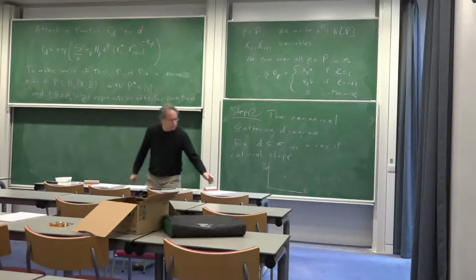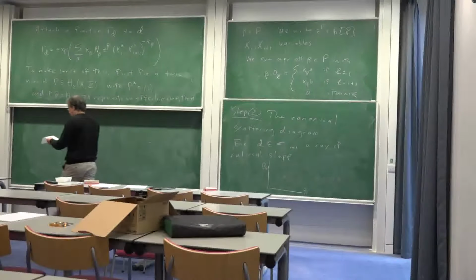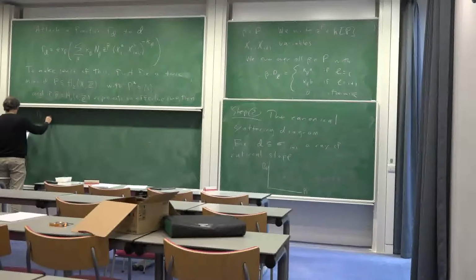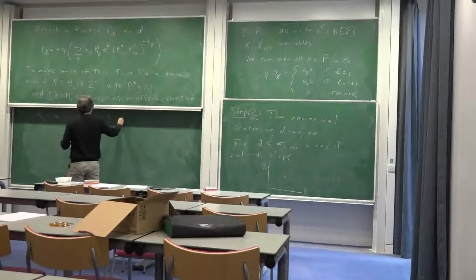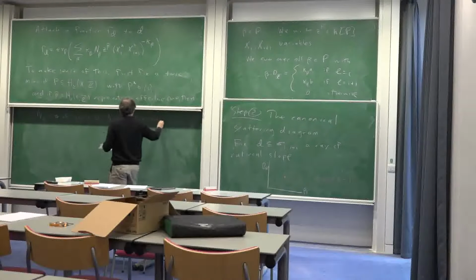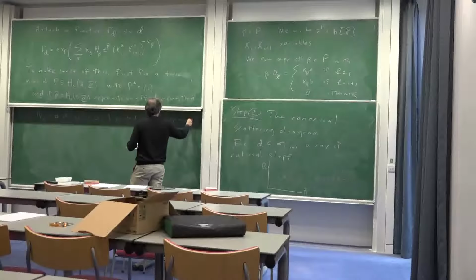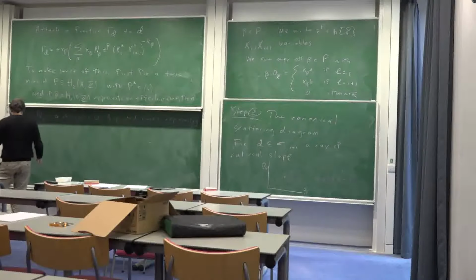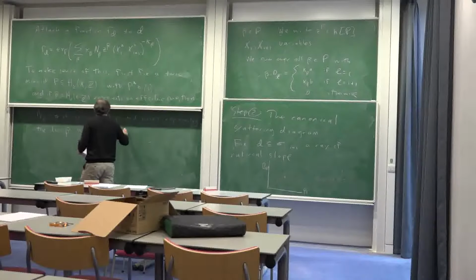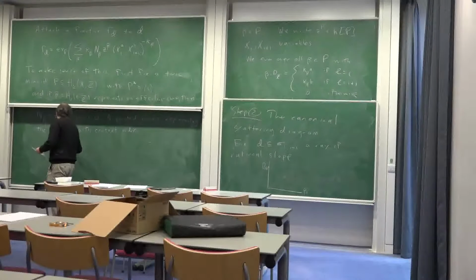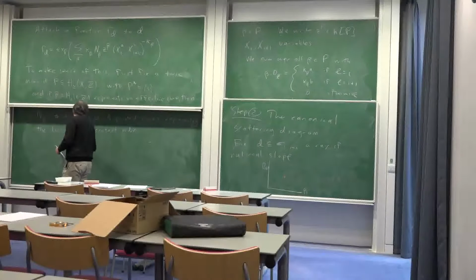And finally, N_beta is equal to the number of genus 0, one-pointed curves representing the class beta with contact order u_P, where P is the marked point, given by (k_beta a, k_beta b).